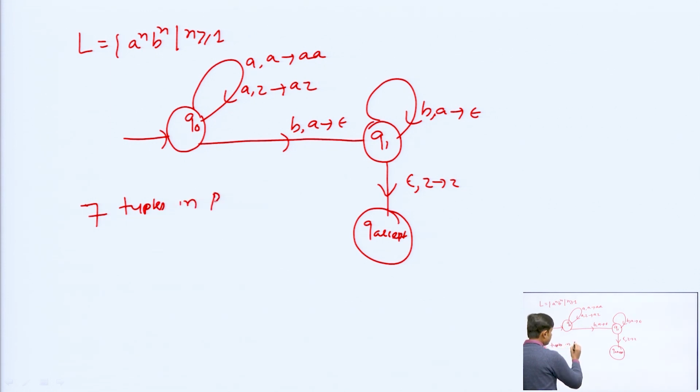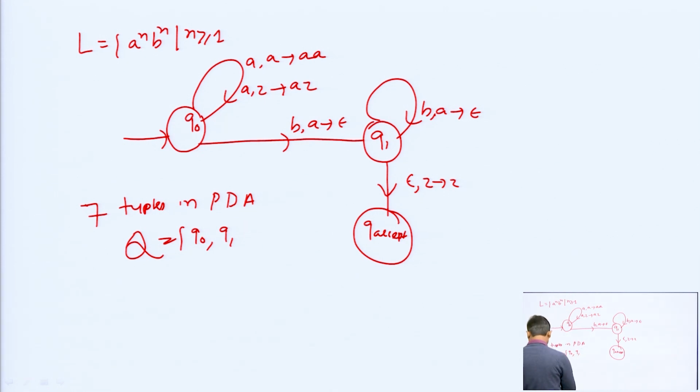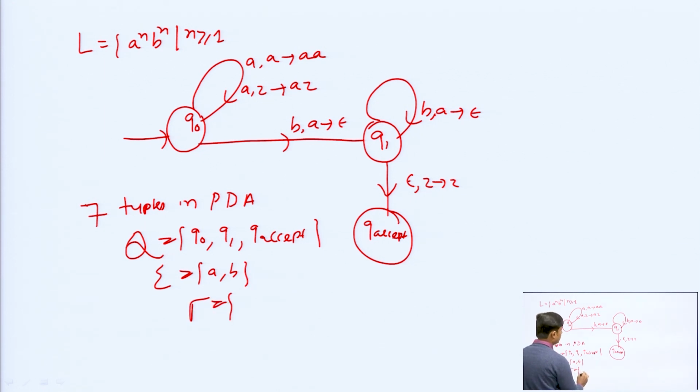In the PDA, capital Q is Q0, Q1 and Q accept. 3 states are there. The input alphabet is A, B, and the stack input alphabet is A and Z. Z is the stack bottom.